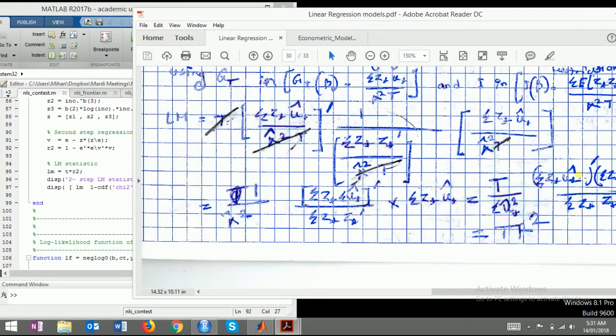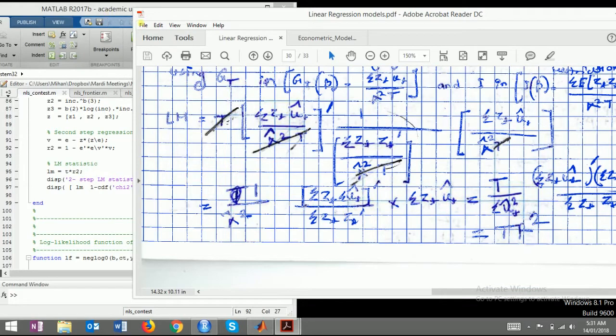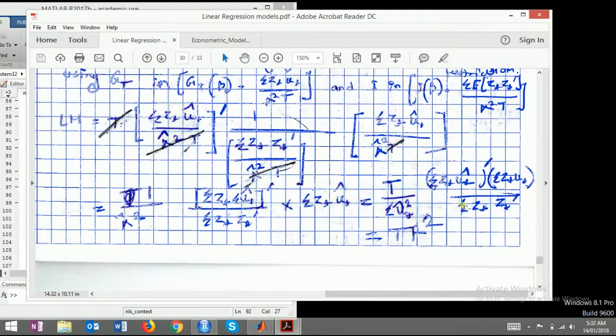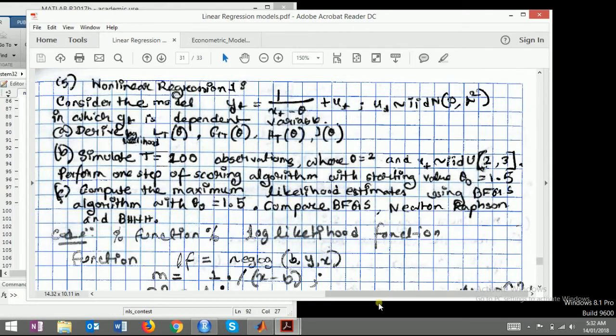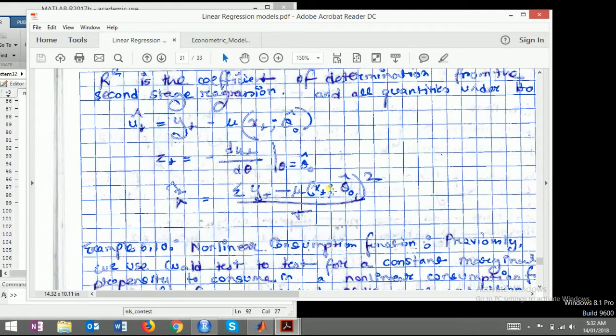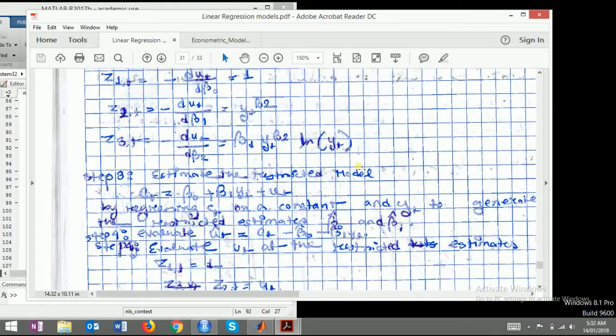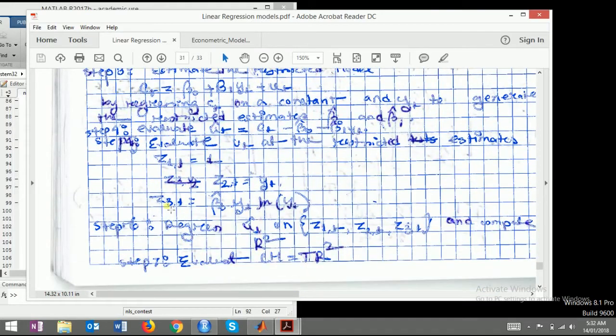So this was the equation. So basically just replace this part with this. We have to do it pen and paper again if we want to see how this goes. This was the equation.